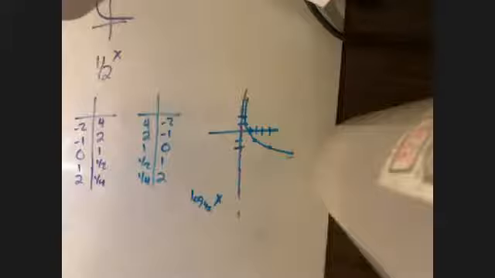Now, one of the other things we discussed about inverses is that they reflect across the line y equals x. I'm going to show this on the PowerPoint slide, where it's slightly easier to see.